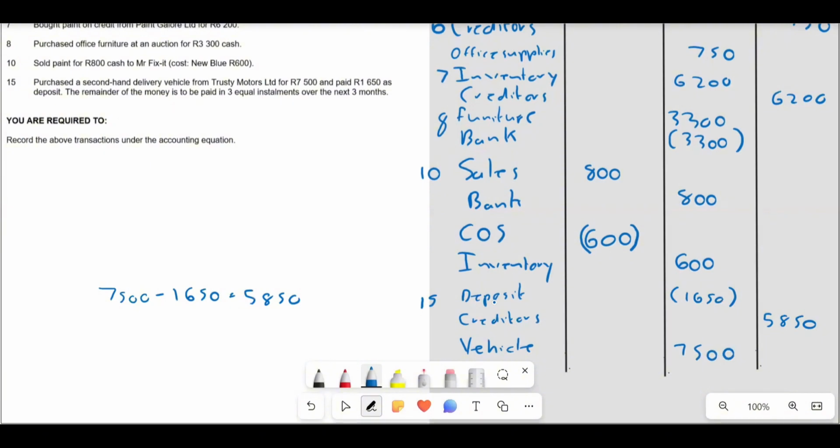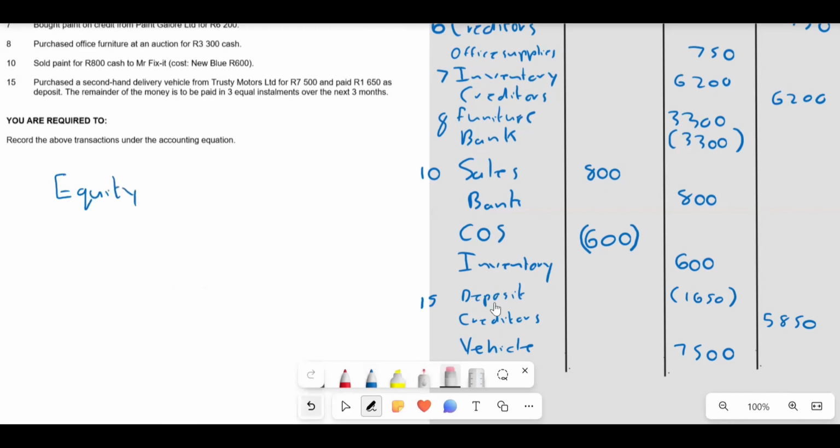So basically, this is how you do an accounting equation. All you have to know, and I'm reminding you of this because these are the crux of an accounting equation, is that equity is equal to assets minus liabilities.